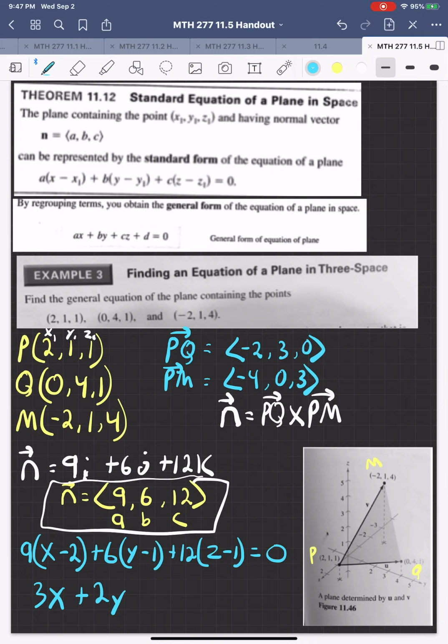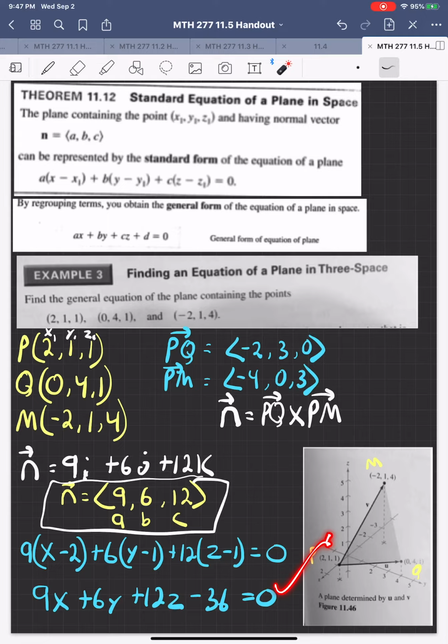My sincere apologies, it should be 9x plus 6y plus 12z minus 36 equals 0. There's your solution.